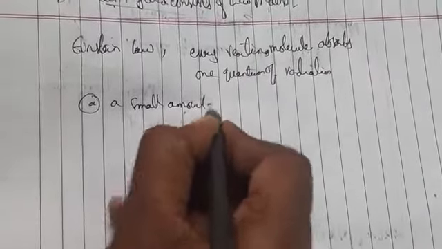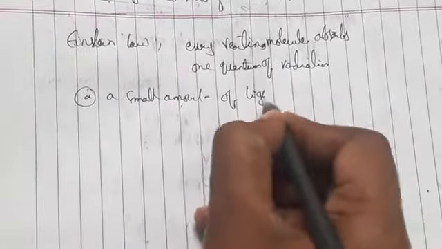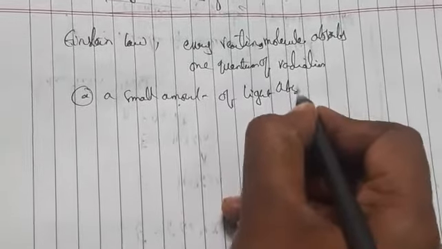For example, if a small amount of light is absorbed, it can bring a large change in a reaction.